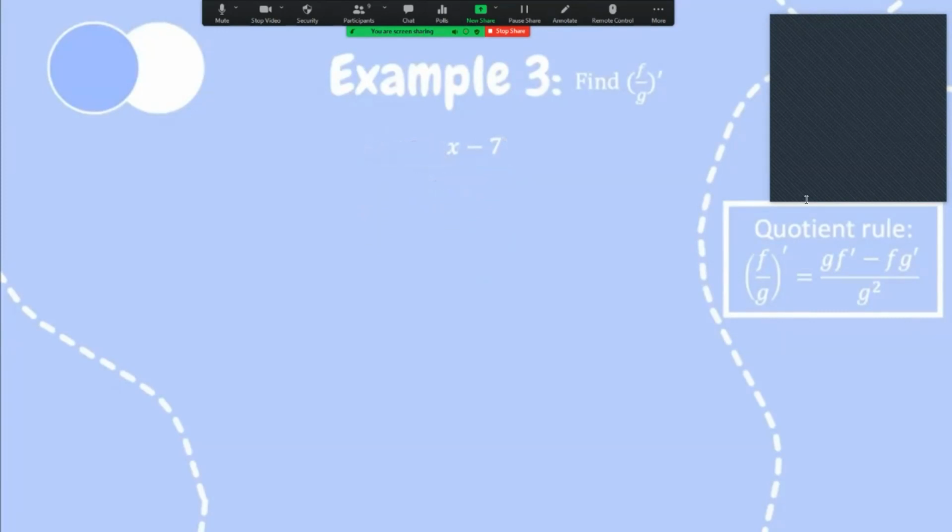It is now not a quotient. You see how much easier that is? You do not want to use the quotient rule when you can just factor it out. Okay, and the derivative of this is just 1.